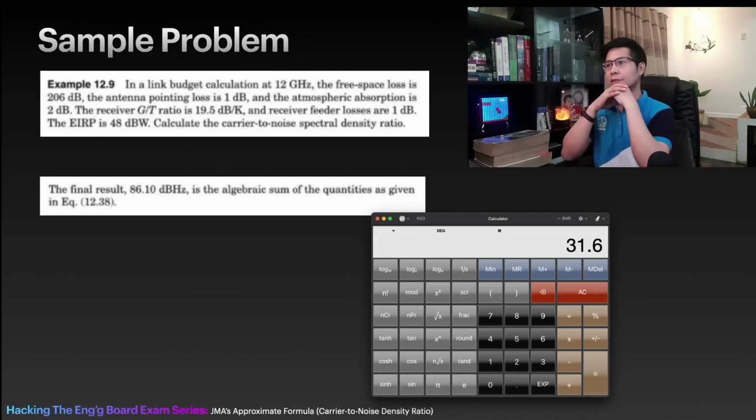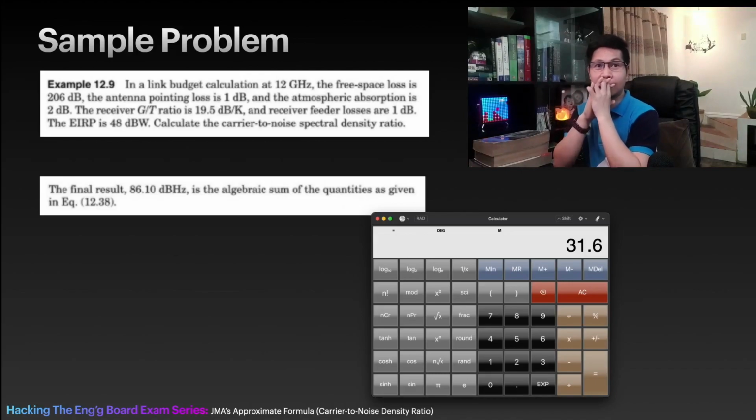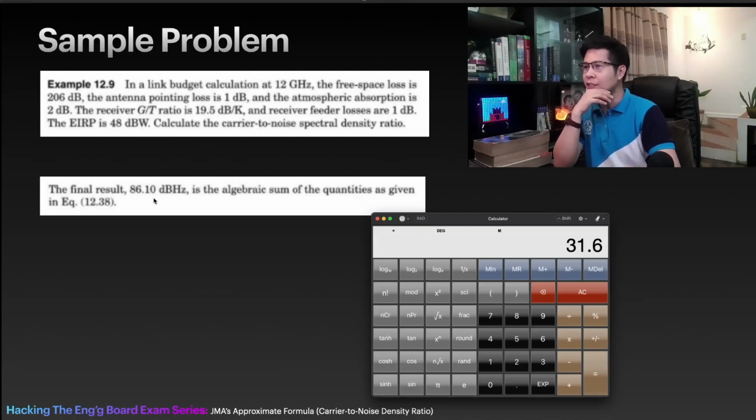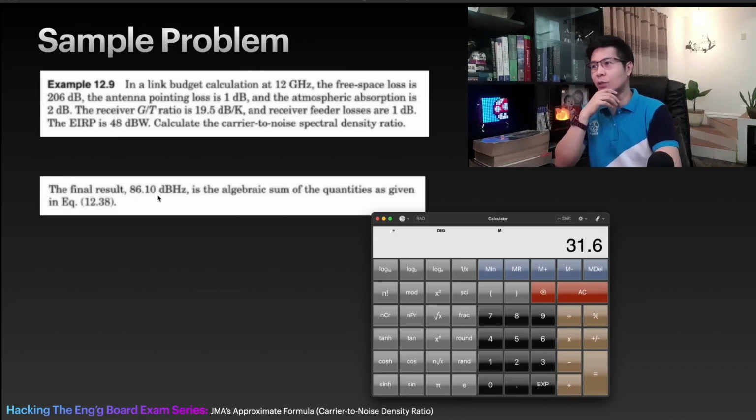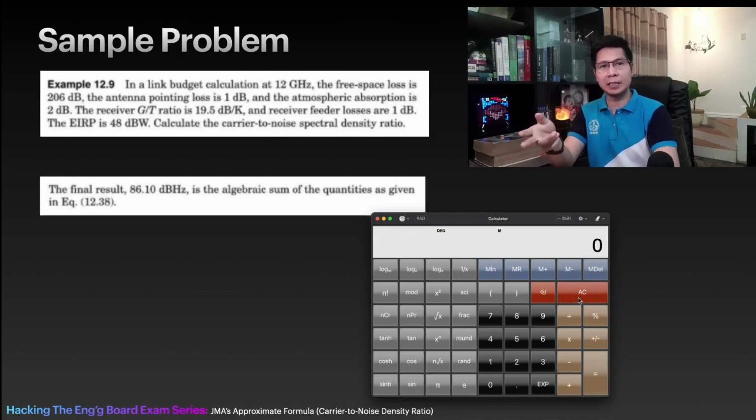So, pinapa-compute. So, in-screenshot ko yung galing sa isang textbook din. Popular textbook din dito sa EST. So, now, ang sagot doon sa textbook is 86.10 dB-Hz. Ayan yung sagot doon na carrier to noise spectral density. Let's try to compute this using our shortcut.